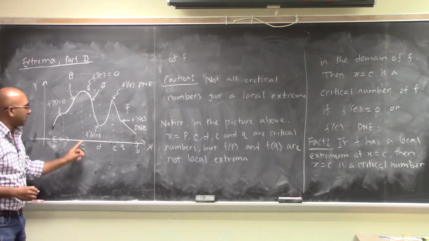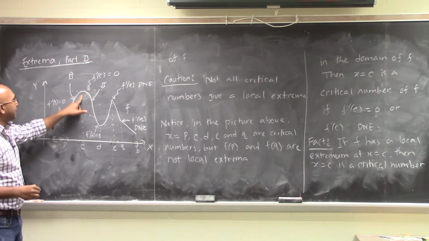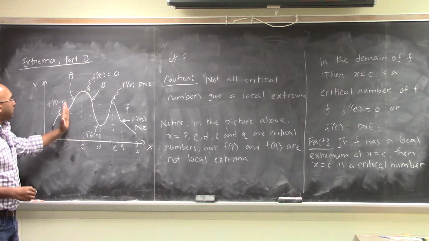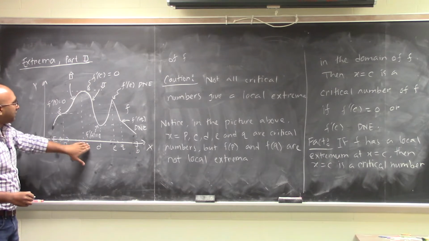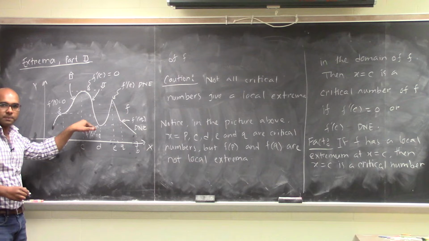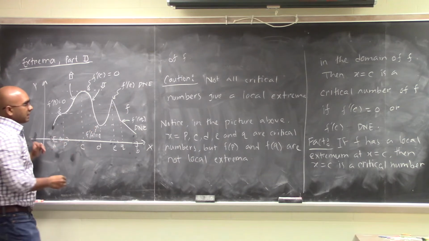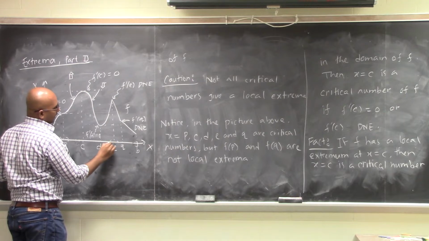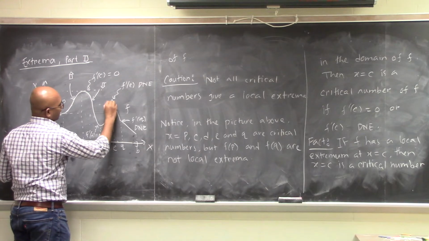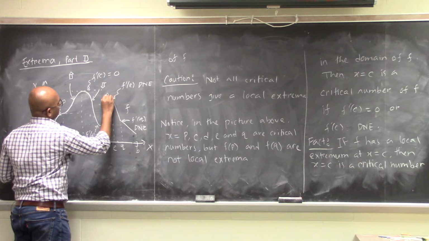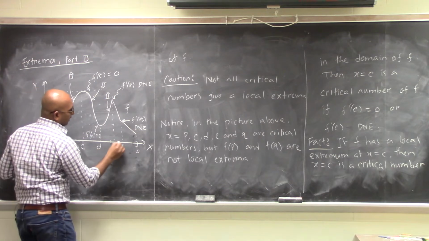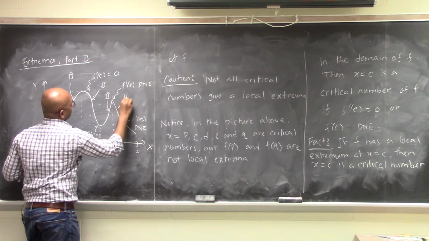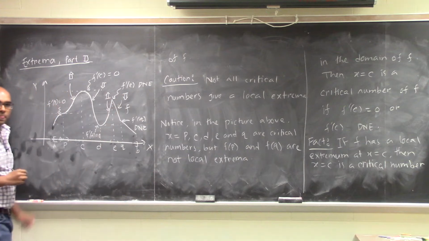So if a function has a local maximum at a point, then on the left side of that point, the function increases, and on the right side of that point, the function decreases, okay? And the same happens here. So look at here, on the left side of E, the function is increasing, right? And after E, it is decreasing, okay?